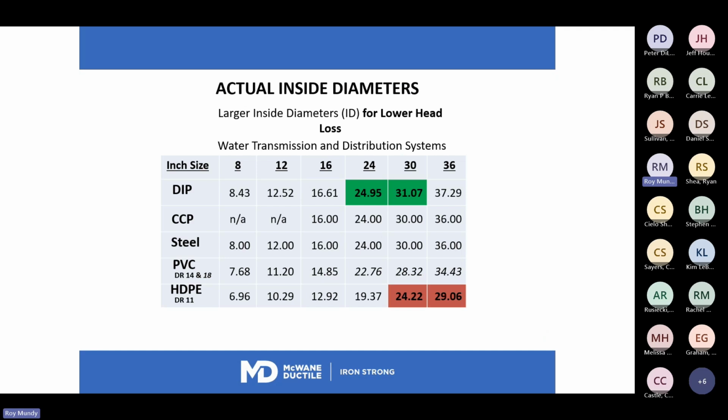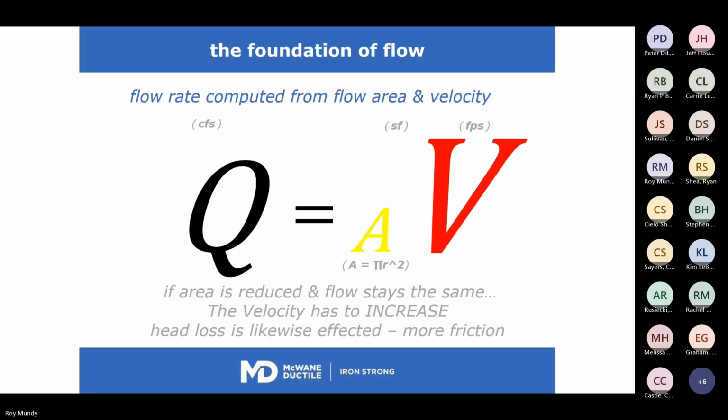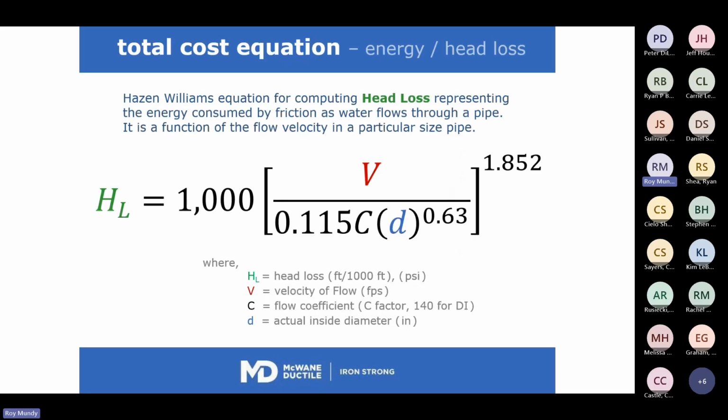Here are some of the actual inside diameters of various pipelines. And of course, we come back to that flow component that I'd mentioned earlier, with the inside area of the pipe being key in terms of velocity and flow.